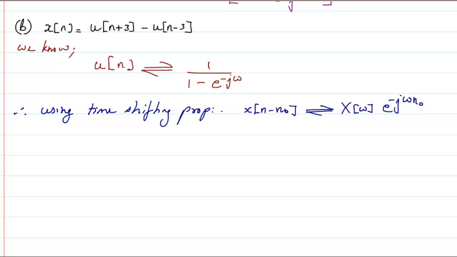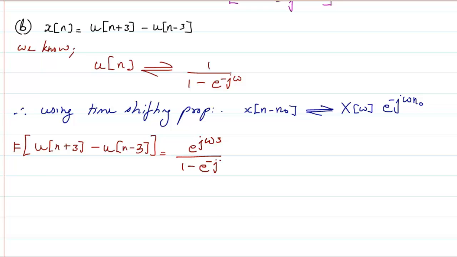Based on that, I can write the Fourier transform of u of n plus 3 minus u of n minus 3 as follows. Using the same principle, I will get e raised to power minus j, since it is plus 3, here also I will have to write plus j omega n naught, which is 3, divided by 1 minus e raised to power minus j omega.